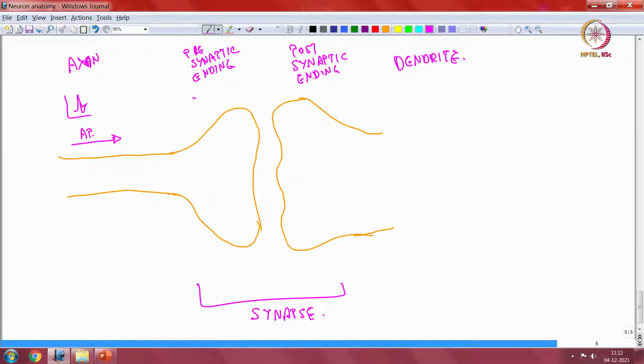Reiterating again, the amplitude of the action potential does not change, the frequency of the action potential changes based upon the input parameters which are received at the cell. So, we will consider one single action potential which arrives at the synapse. Now, what it changes is in the synaptic area, it opens up something called voltage gated calcium channels.